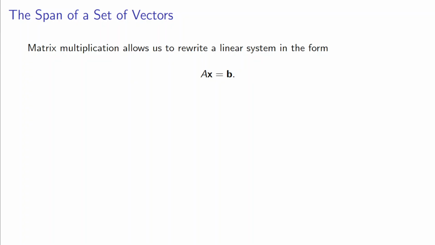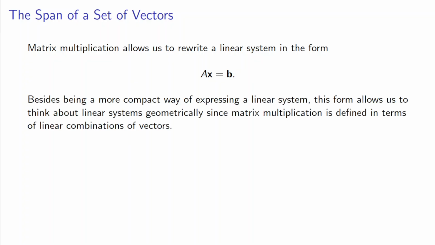To begin, matrix multiplication allows us to rewrite a linear system in the form Ax = b. We saw that in some previous videos. Besides being a more compact way of expressing a linear system, this form allows us to think about linear systems geometrically, since matrix multiplication is defined in terms of linear combinations of vectors.